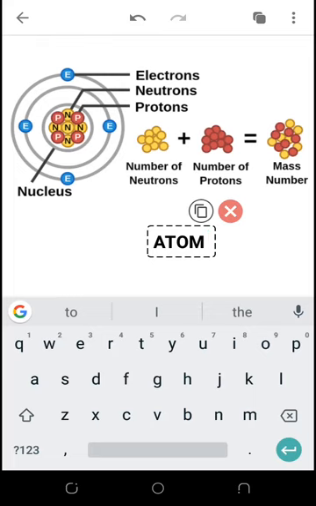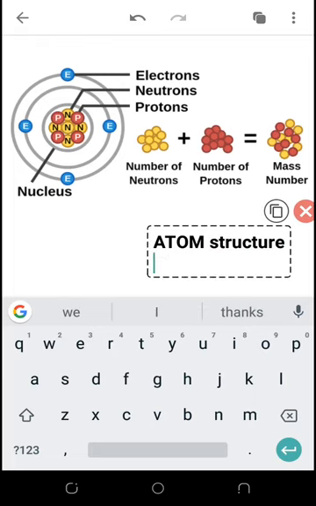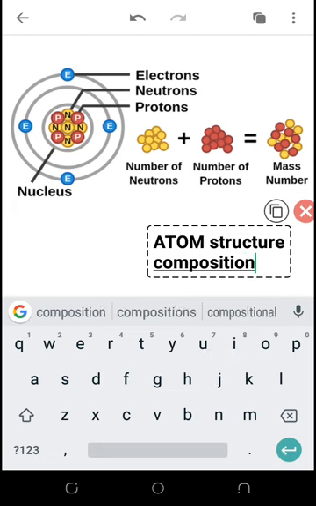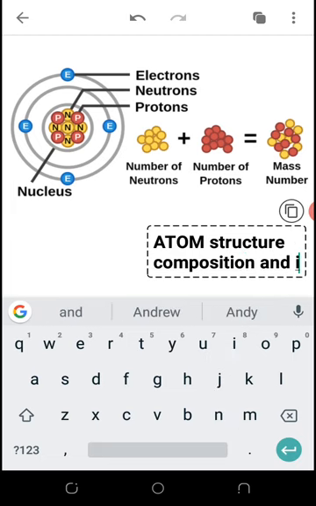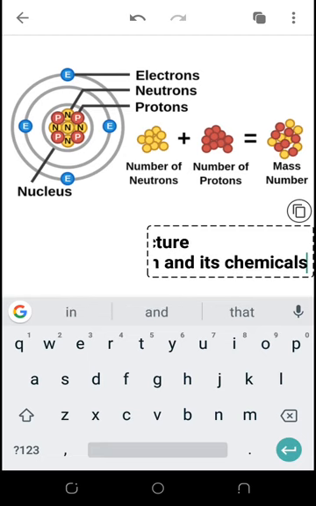The atomic structure. So when we talk of atomic structure, we talk of the composition of an atom and its chemical behavior.